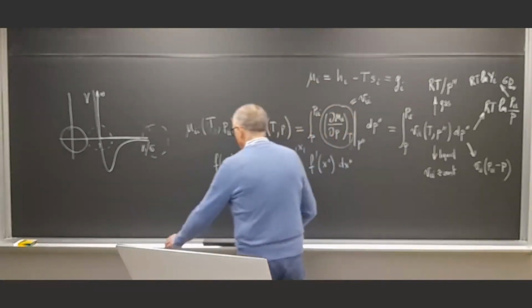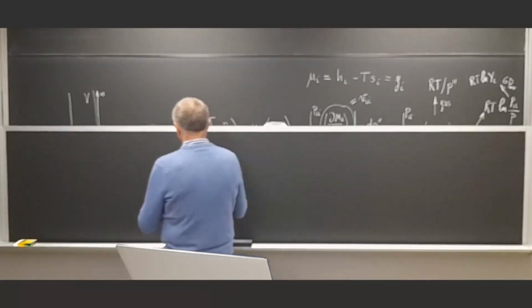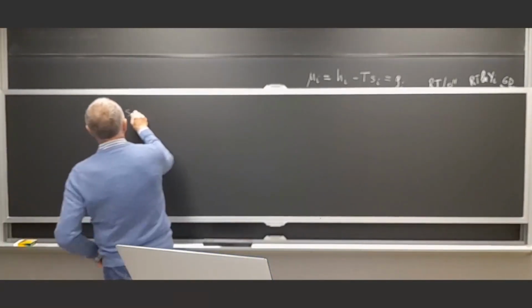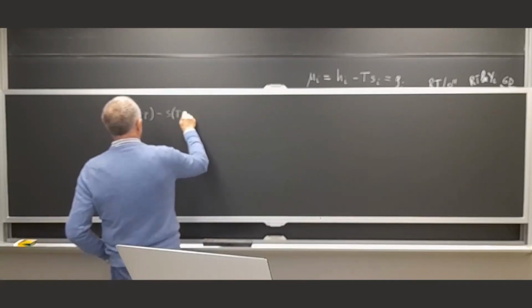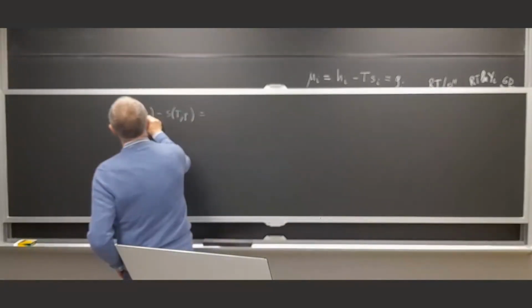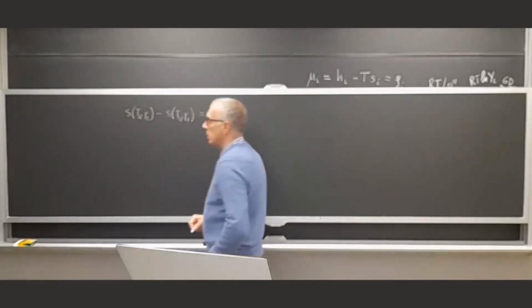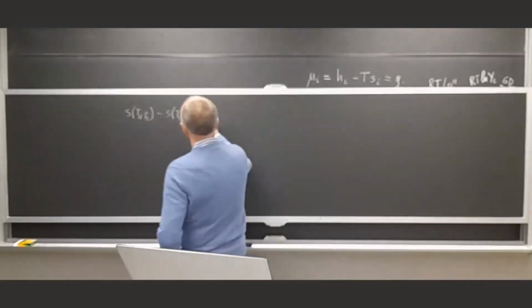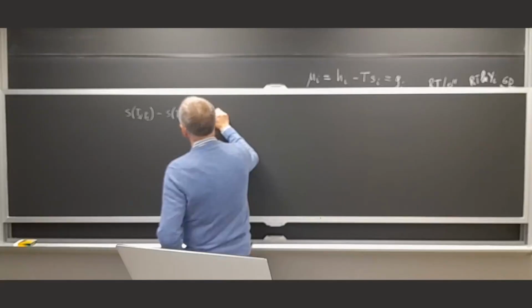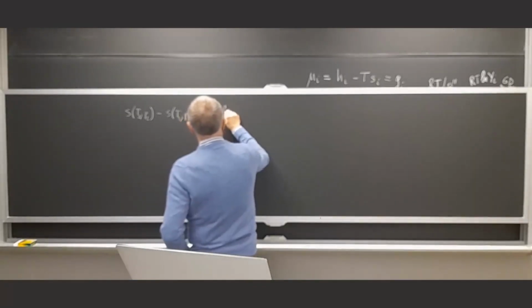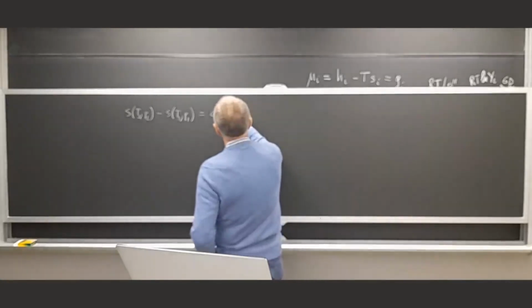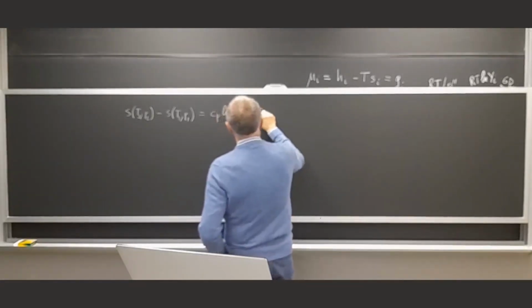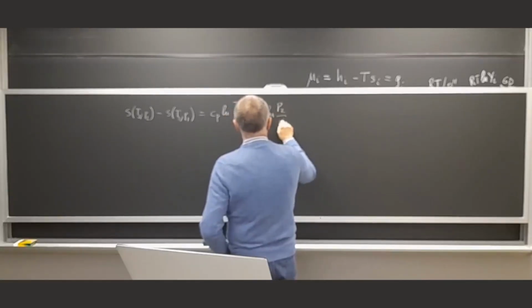This is because you remember for an ideal gas, if I evaluate the difference in the entropy at different temperature and pressure, this is equal to, suppose it's a perfect gas, c_p log T2 over T1 minus R log P2 over P1.